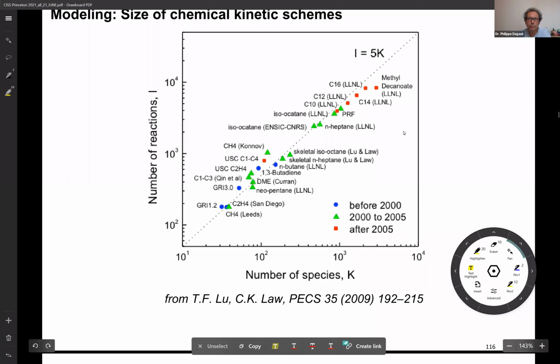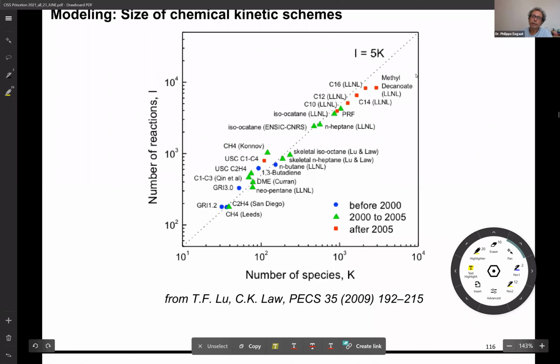But when we are speaking of large methyl esters, we are now with about 10,000 reactions and several thousand species.